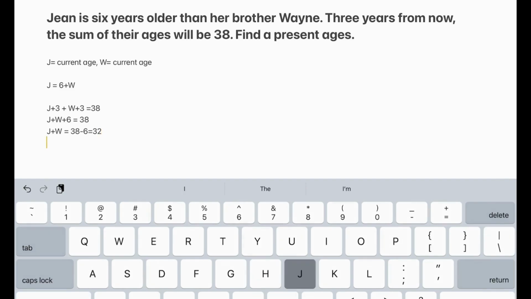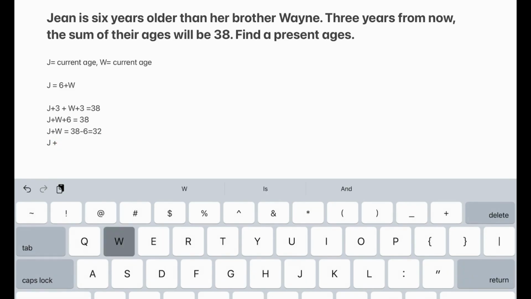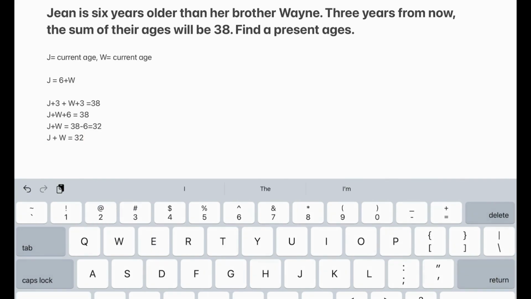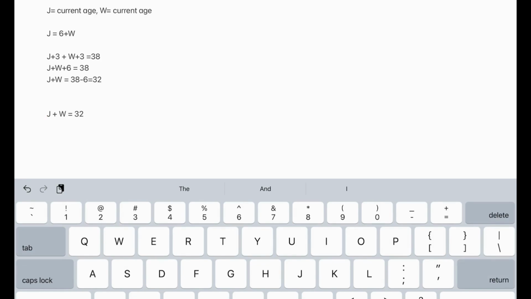So if I want to write it in terms of J, isolate J from here. J plus W equals 32. If I want to isolate J, you subtract W from both sides.